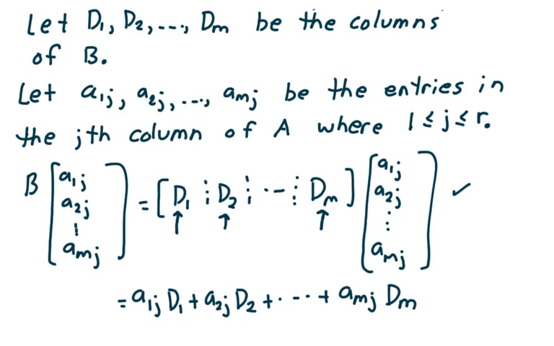And so I'm going to take the first entry, A1J, and multiply it by D1, and D1 is again expressed as a column vector. Then I'm going to take A2J and multiply by D2. And we're adding. And I keep going in this pattern, and then I stop when I get to AMJ. AMJ gets multiplied by DM. And that's how we do part 10B.